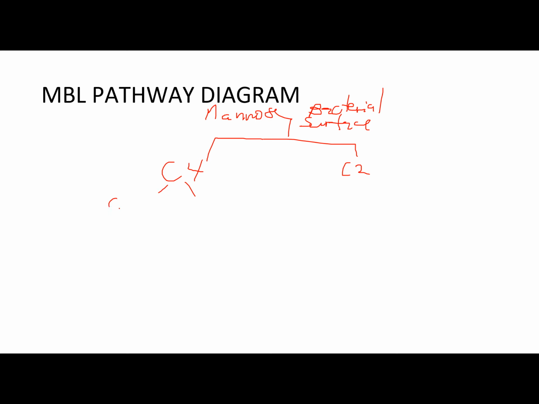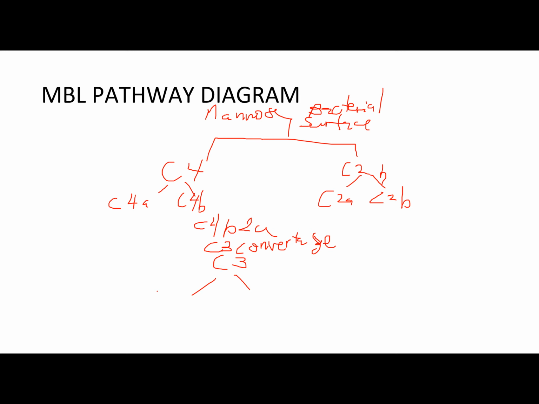Now, C4 would become C4A, C4B, C2 would become C2A, and C2B. Now, C4B again will attach with your C2A, forming the C4B2A, known as the C3 convertase. Now, this would act on C3, forming your C3A and C3B. Now, C3B would attach to C4B2A, forming your C4B2A, 3B.